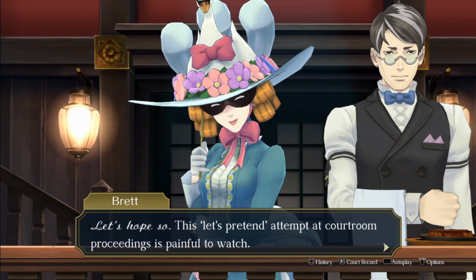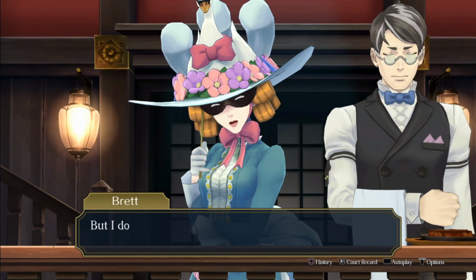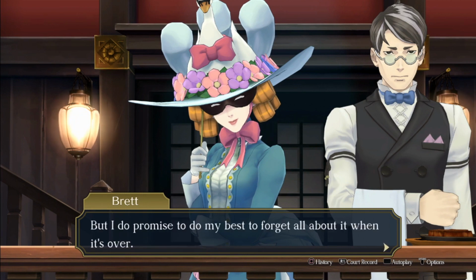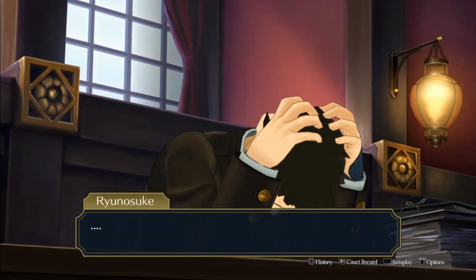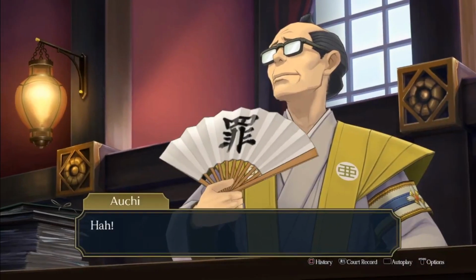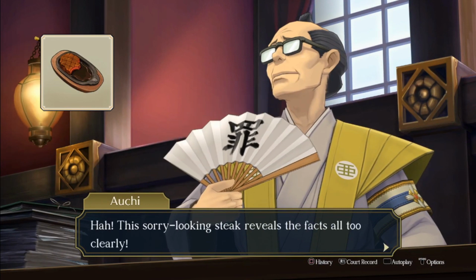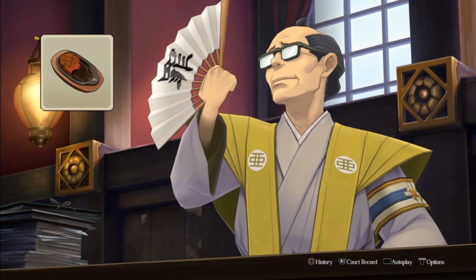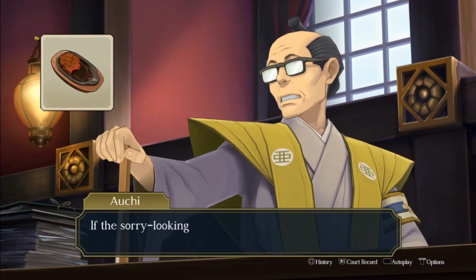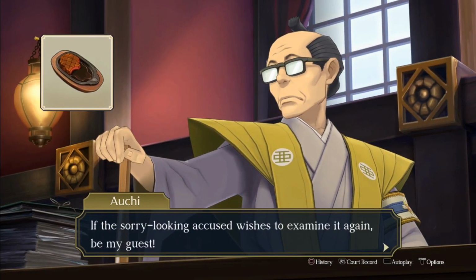This let's pretend attempt at courtroom proceedings is painful to watch. But I do promise to do my best to forget all about it when it's over. Ha! This sorry-looking steak reveals the fact all too clearly.